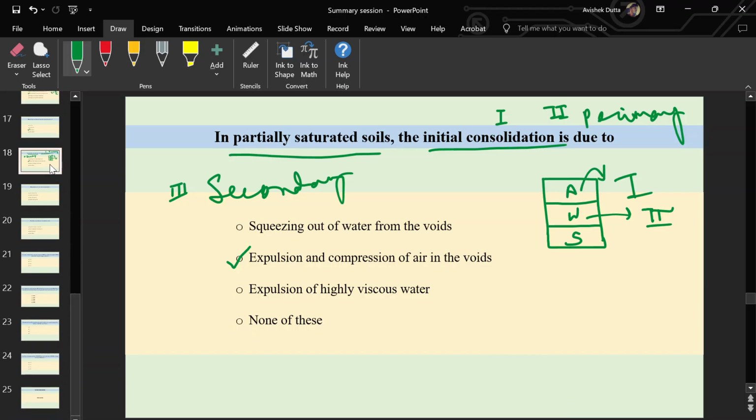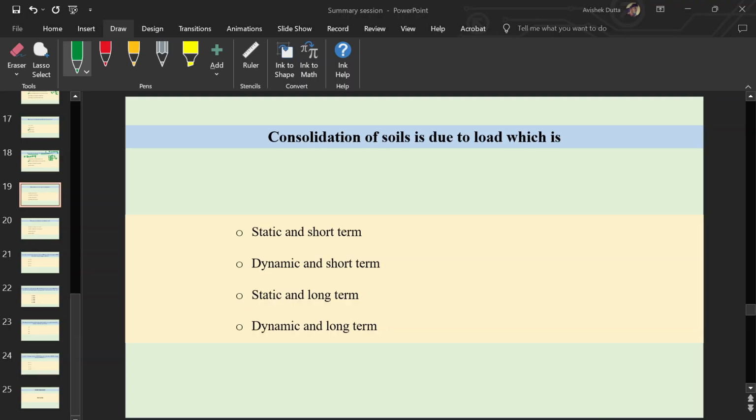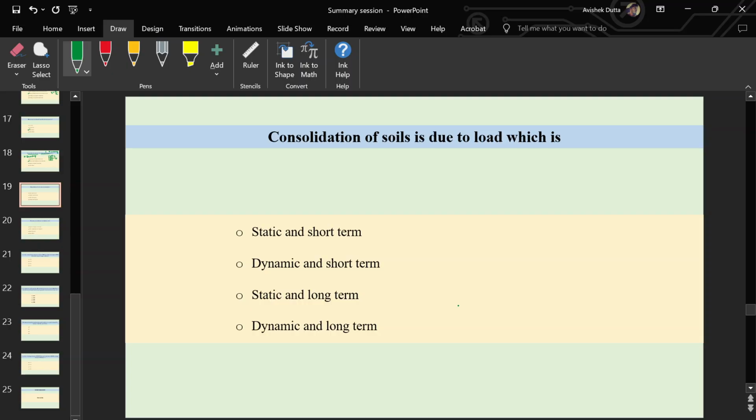Okay. Next question. Consolidation of soil is due to load which is: static short term, dynamic short term, static long term, or dynamic long term. What is the answer? Anyone can tell me the answer? Sir, option C. Yes, static and long term for consolidation. What is the option for compaction?